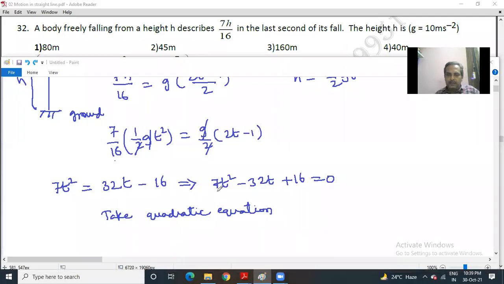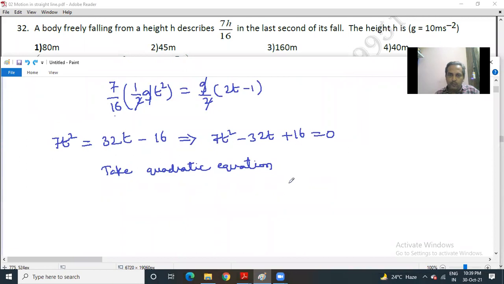16 sevens are 112. So take two numbers which, by adding, give minus 32, and if you multiply them, give 112. So write 7t square minus 28t minus 4t plus 16, because minus 28 minus 4 is minus 32.